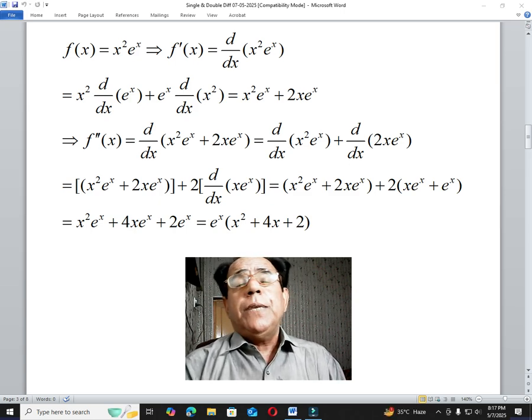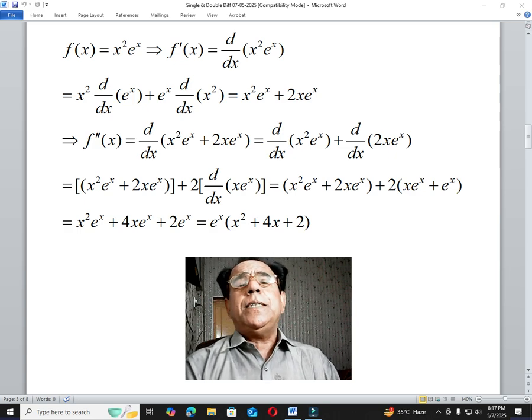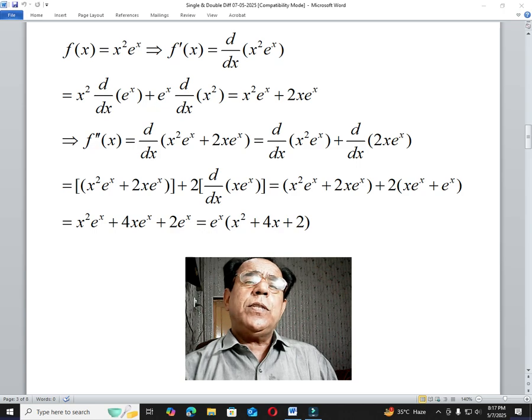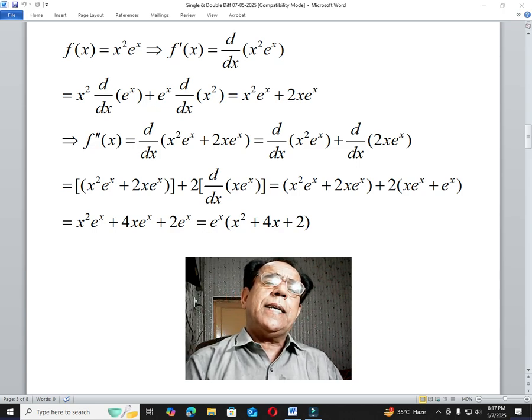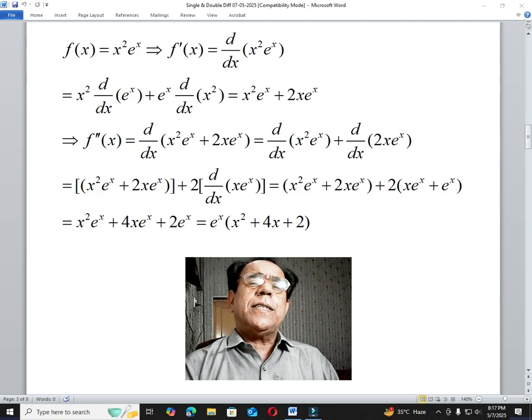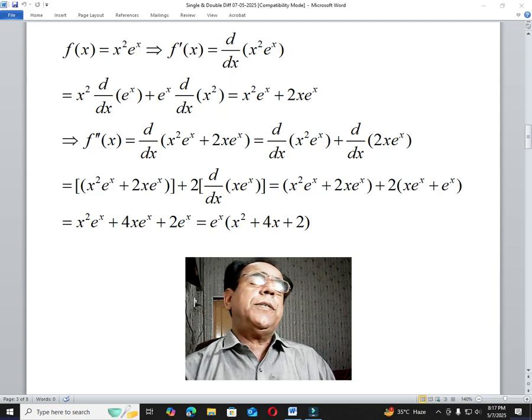And again, we know that in differentiating by using product rule, one time we differentiate one of these two functions and keep the other constant, and second time we deal with these two functions in an alternative manner, okay.